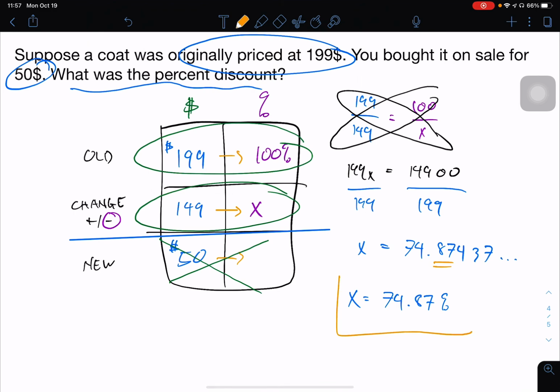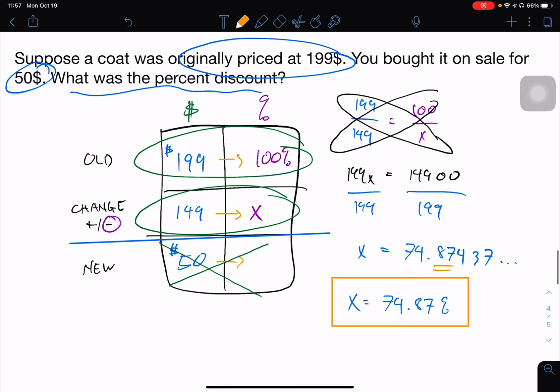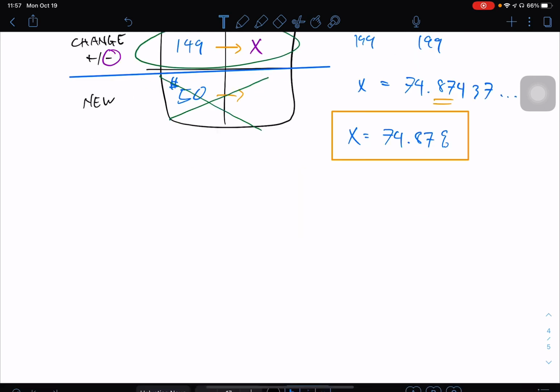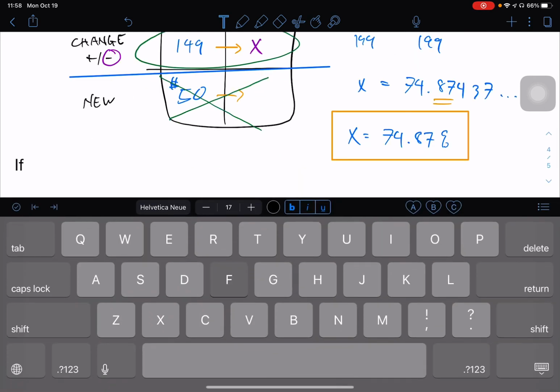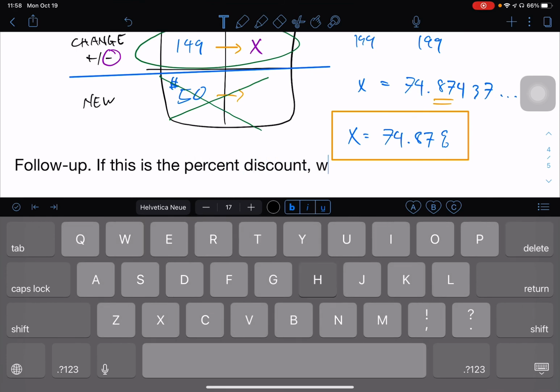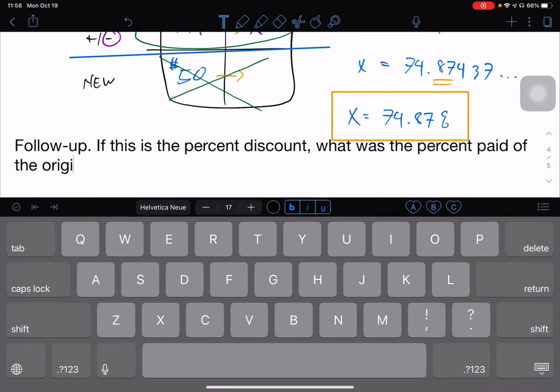Or they could easily ask you as well, how much of the original did you pay, right? Here's a nice little follow-up. I'll type it out here. If this is the percent discount, what was the percent paid of the original?